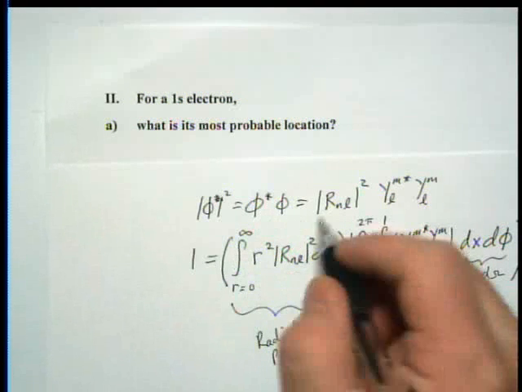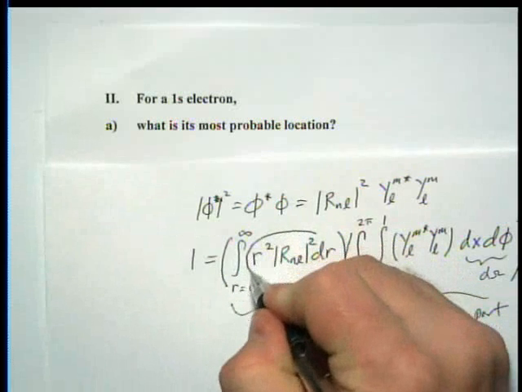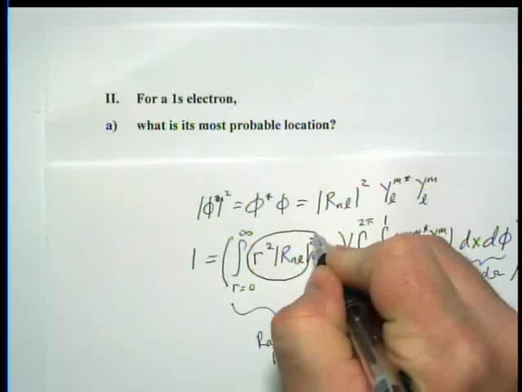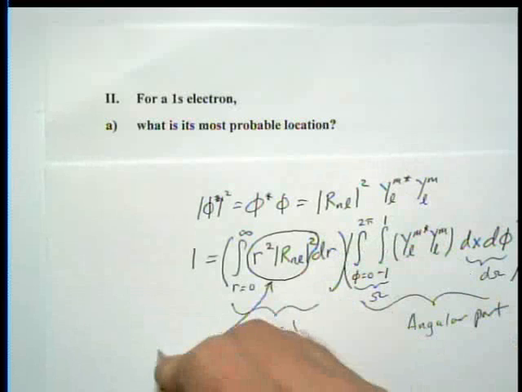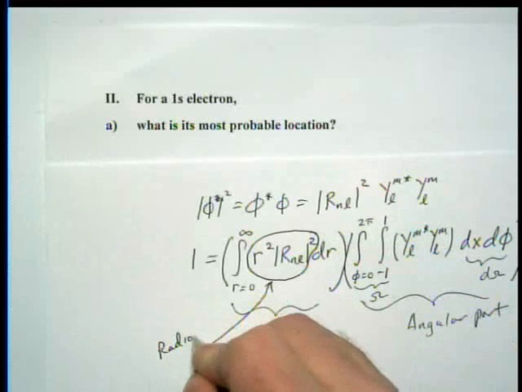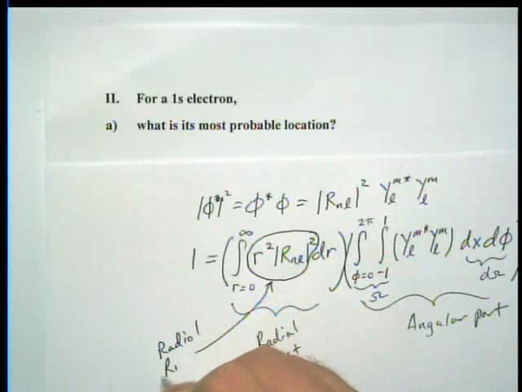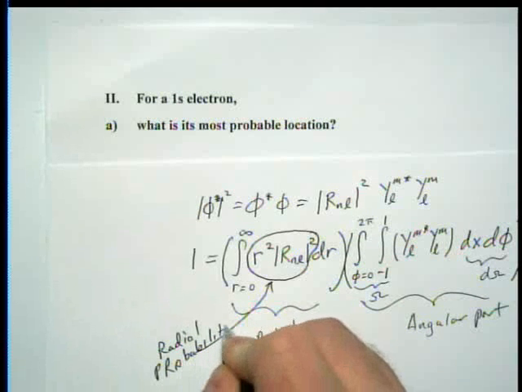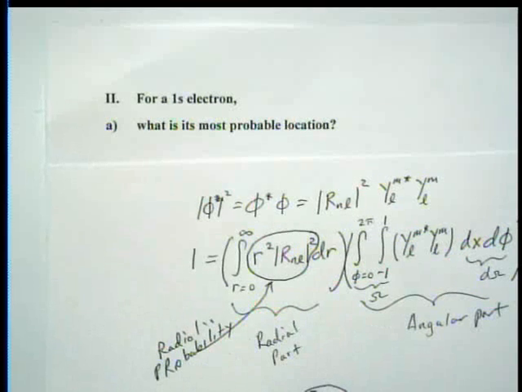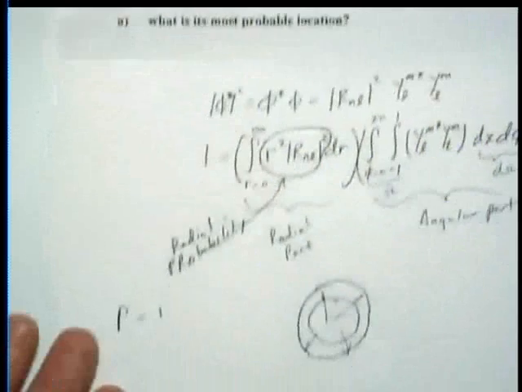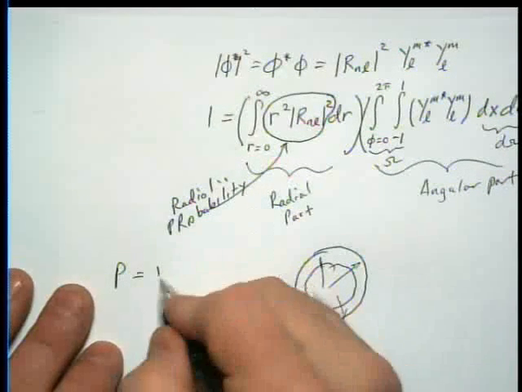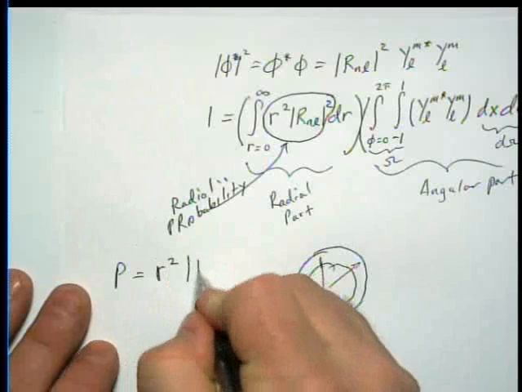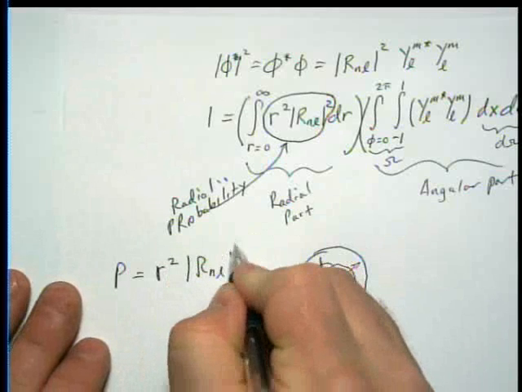This part right here is called the radial probability distribution. So P is r squared times R_nl squared.